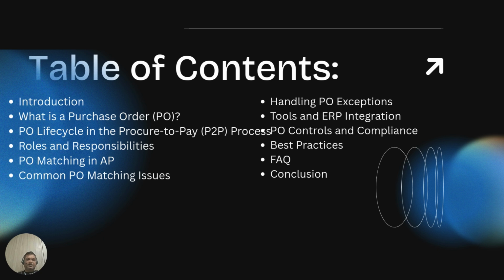We'll understand what is a purchase order, which is PO, what is the PO life cycle in procure to pay process, what are the roles and responsibilities involved in the PO process, what is the PO matching in AP, what are the common PO matching issues that you can encounter, handling PO exceptions, tools and ERP integrations, PO controls and compliance, and we'll also talk about some of the best practices. And finally, we'll also talk about some of the interview questions that you can expect from this section of the training.